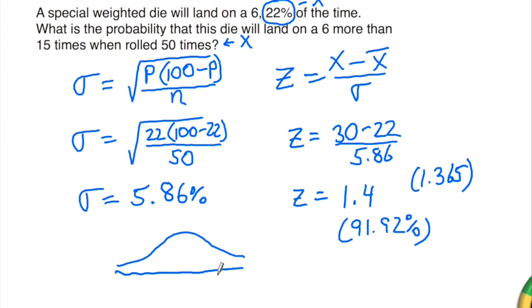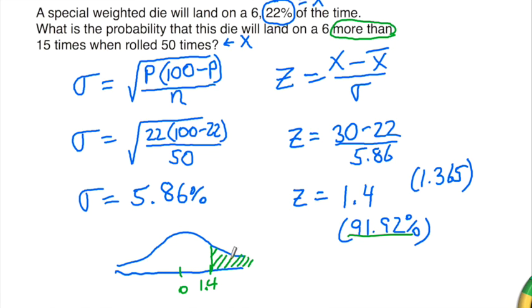The problem is, when we're doing this normal curve, it's going to be ugly. Here's 0, and 1.4 is someplace over here. The thing that usually messes people up is they look at the number on the table, think that's the answer, and plug it in. But this says more than. When we're talking about more than in the picture, we're talking about the top end of the graph.